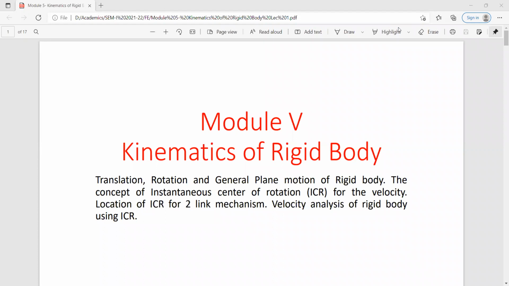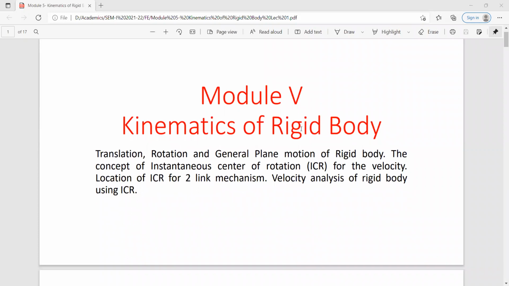So let us begin with the new module. That is our 5th module. It is titled Kinematics of Rigid Body. And your module 4 was Kinematics of the Particles.